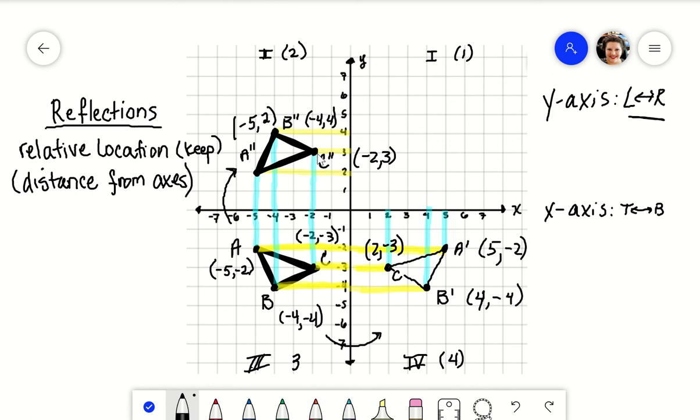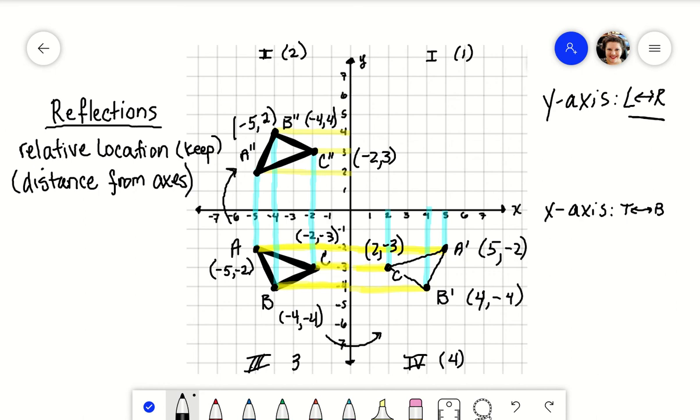So if you're looking at a pre-image, trying to make it into an image and reflect it, the key is that relative location from the axes, 1 point at a time. Now, if you're given 2 images and asked, is one a reflection, you can use this as well.